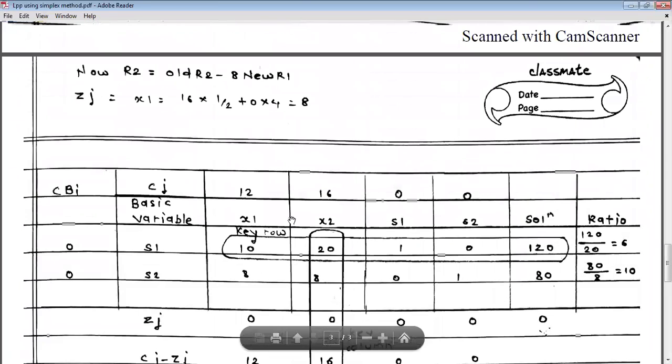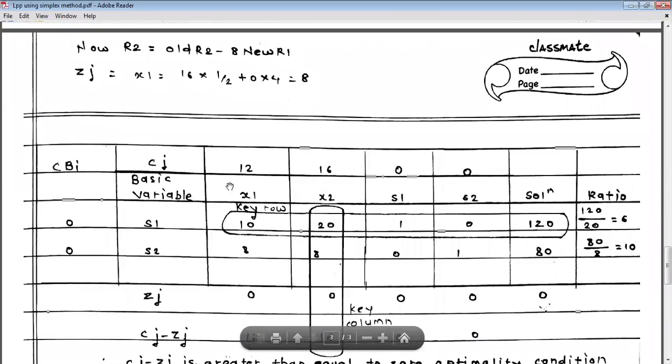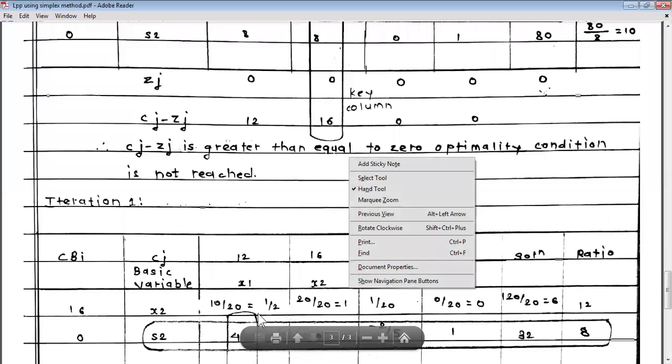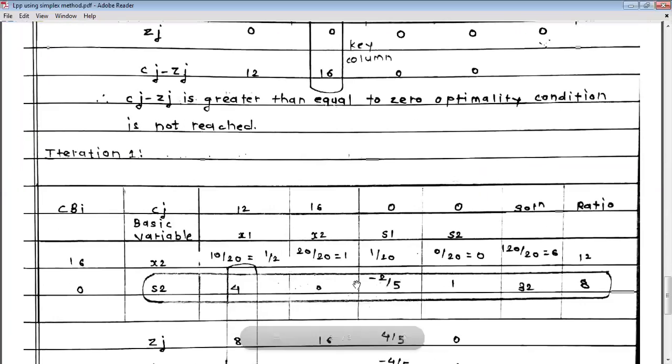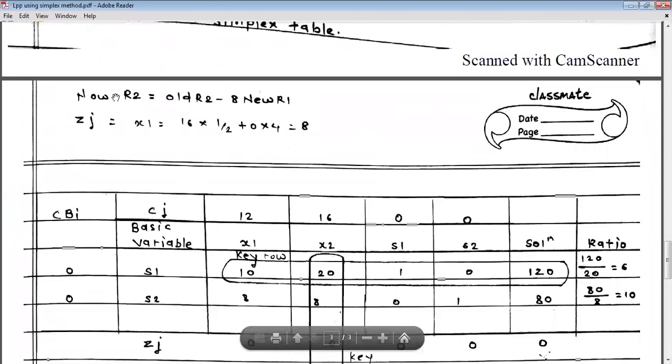So we can use the formula: new R2 equals old R2 minus 8 into new R1. Since it is 1 here, 8 into 1 is 8, so 8 minus 8 will give you 0. So in this case, you will have the 0 value. So we have to remember this transformation: new R2 equals old R2 minus 8 into new R1.